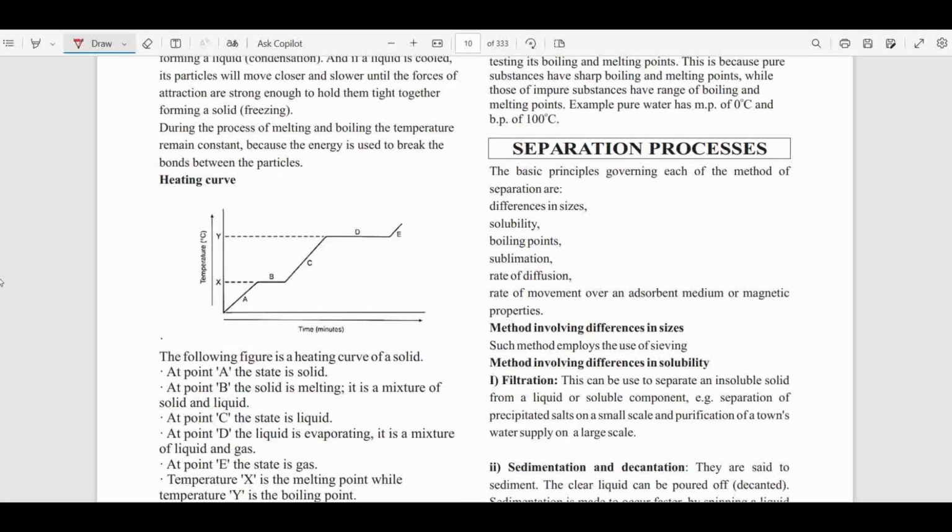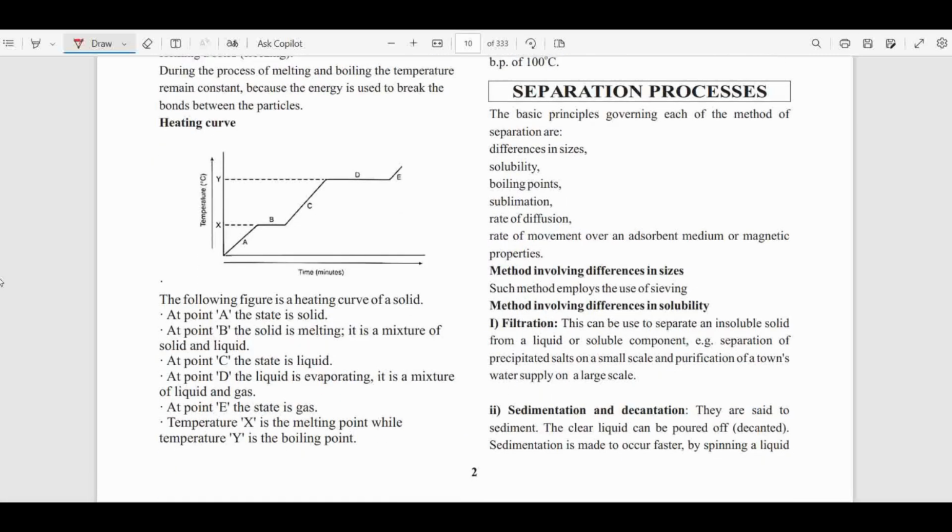So let us look at what a heating curve looks like. This is very important in your exam. You might be asked to explain what the heating curve looks like. So here, the heating curve is a plot between temperature and time.